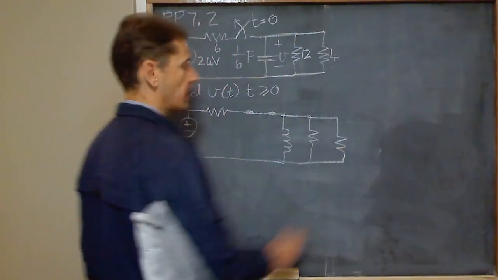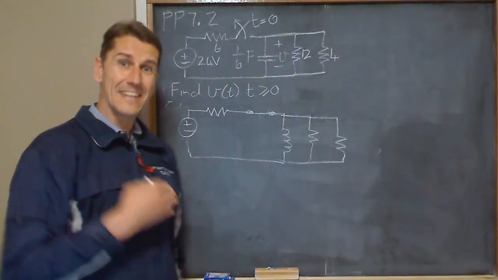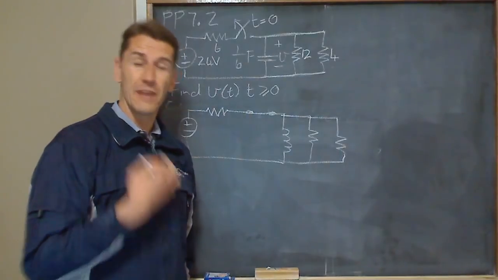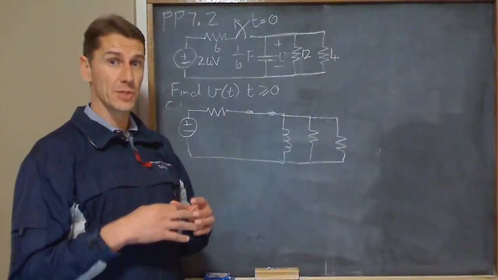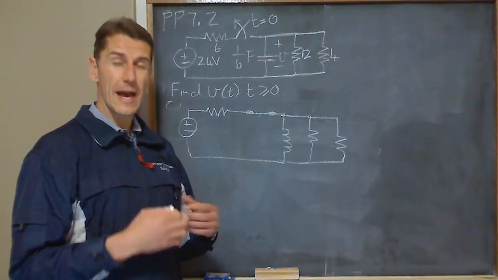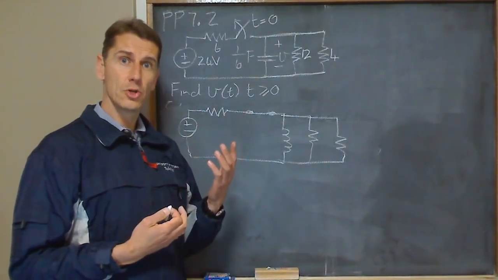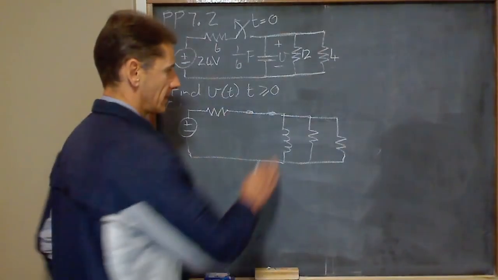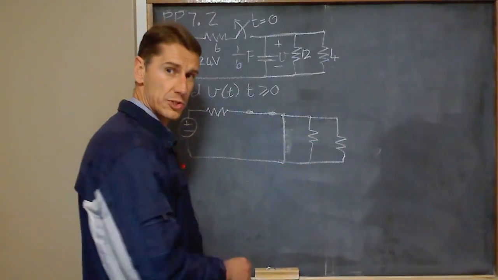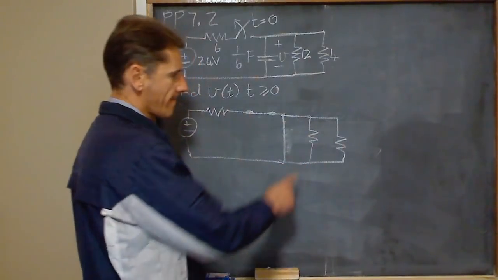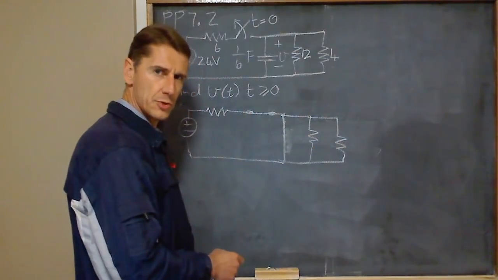That's a resistor. So what does an inductor become after a very long time in a steady state? Well, a capacitor becomes an open circuit, and an inductor becomes a short circuit. So in that case, this becomes a short circuit. What happens to those two resistors?